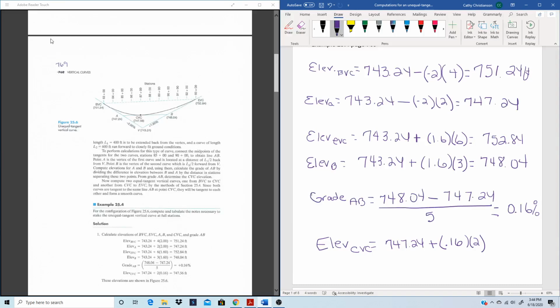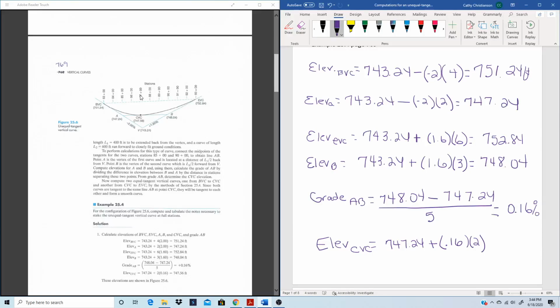So the reason I did 2, right here is point A, which is at 85, and we want to solve for the elevation of the CVC, which is end vertical curve for the first one, begin vertical curve for the second one. This CVC station is always going to be directly above your V. So I know that's got to be at station 87.